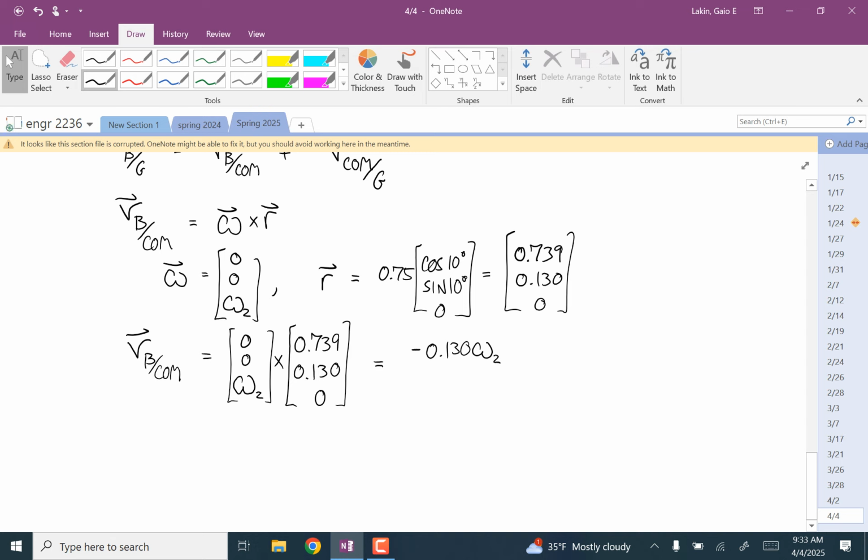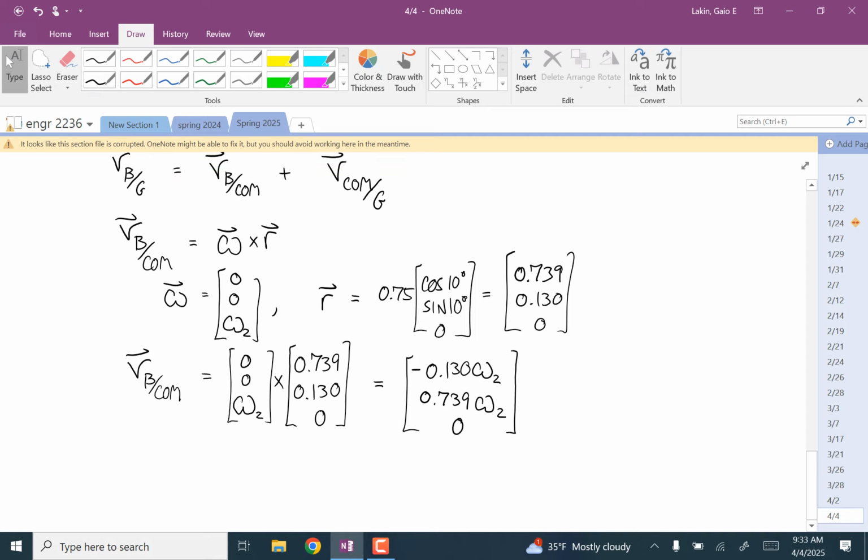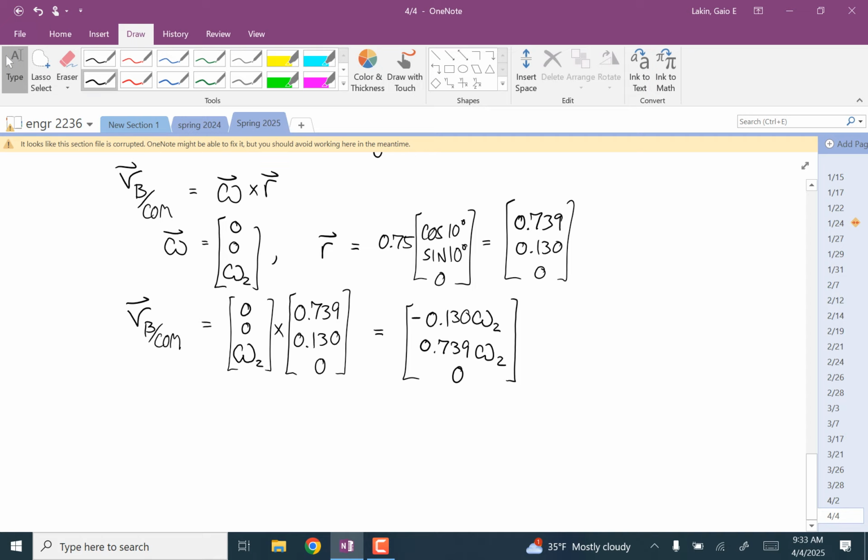For the y component, it is positive 0.739 omega 2, and then 0 for z. And now the velocity of B relative to the ground is just equal to this plus whatever we're going to call the velocity of the center of mass of 2.